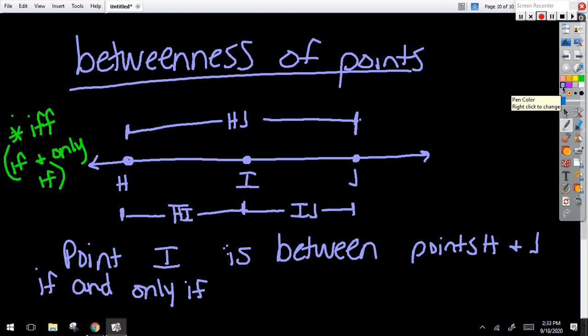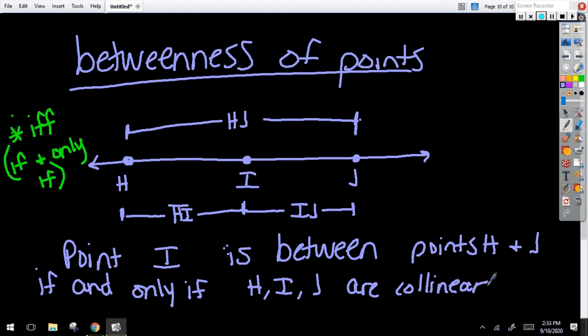All right, so point I is between points H and J if and only if H, I and J are collinear. And remember, what does collinear mean? On the same line, right?